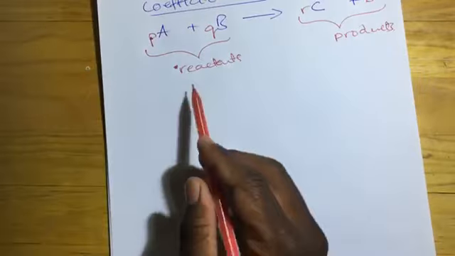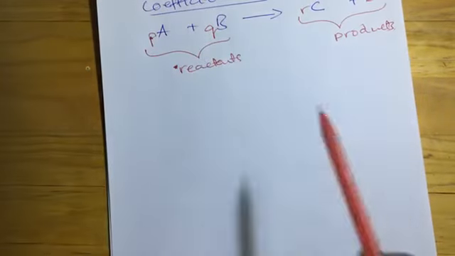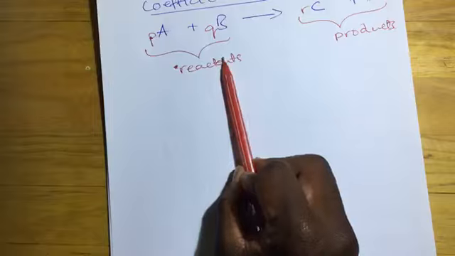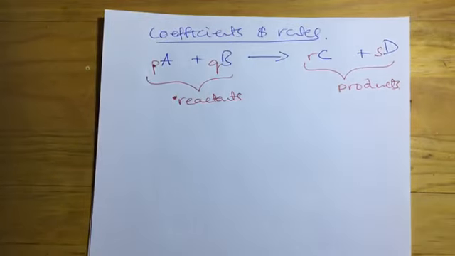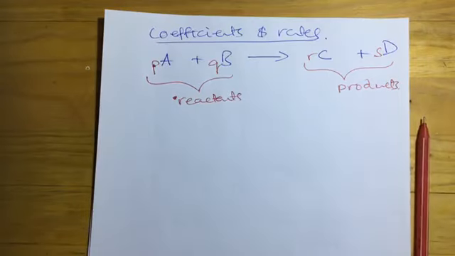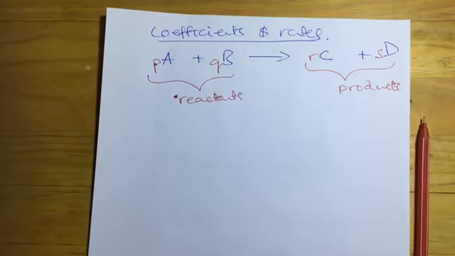What do you think will happen to reactants? You can comment. Are they going to be reducing or they're going to be increasing? What do you think will happen to reactants as the reaction proceeds? You can comment what you feel will happen. Quickly, I'll give you 3-4 seconds.